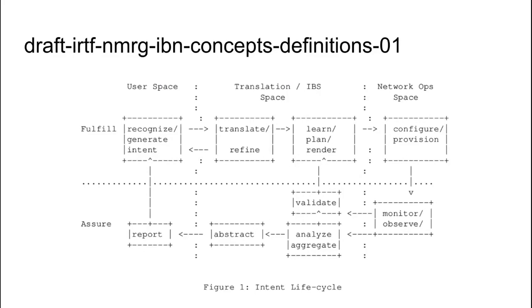Actually, we are not exactly doing translation. We are doing more of a mapping of an intent, expressed as the definition of the service that you want to deploy, into what we use as network service descriptions in the NFV environment.